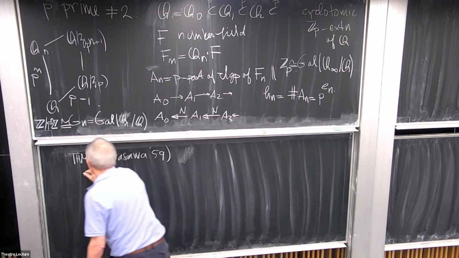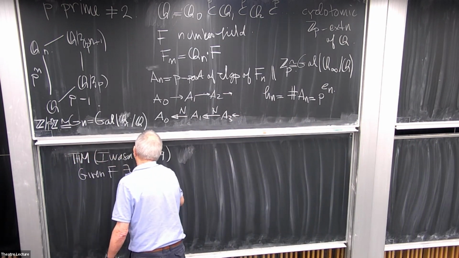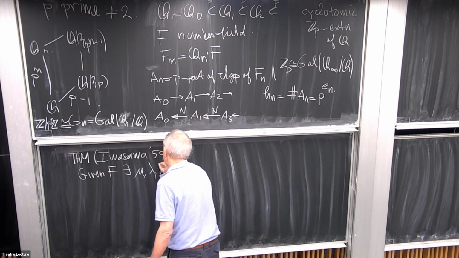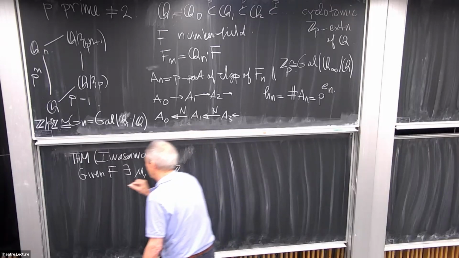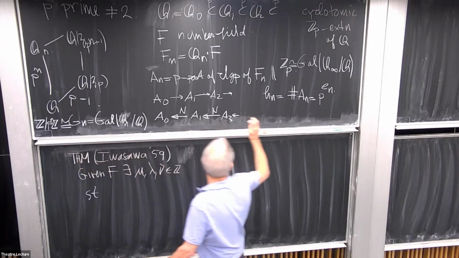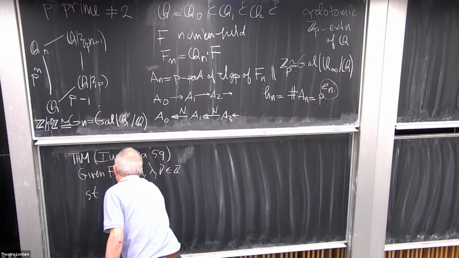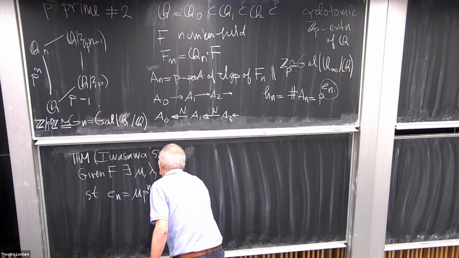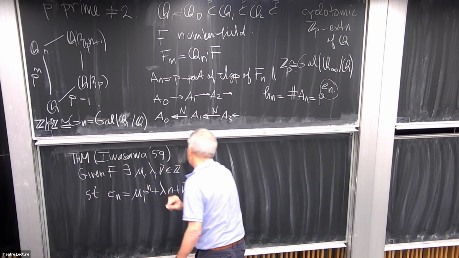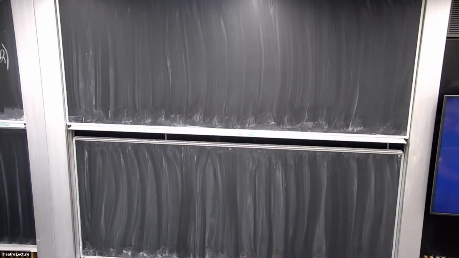The statement is that given F, there exist integers mu, lambda, and nu, such that the exponent e_n is given as mu p^n plus lambda n plus nu. And mu and lambda are nonnegative. It may happen that nu is negative.